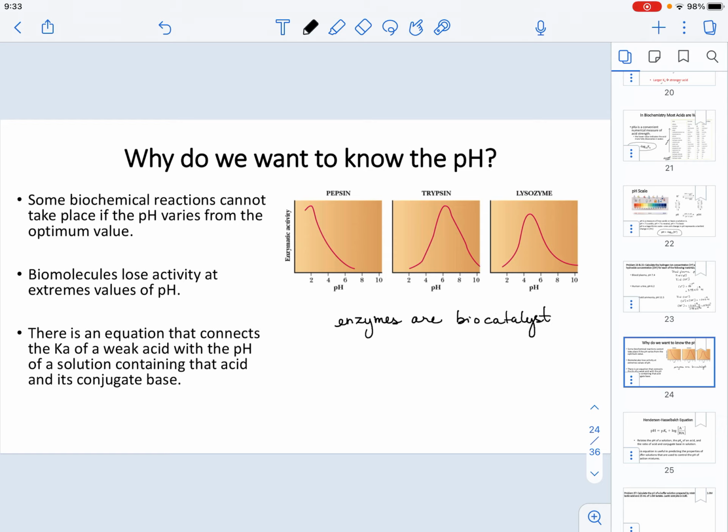A catalyst, just like you've learned in other chemistry classes, is a molecule that speeds up the reaction to get to product.